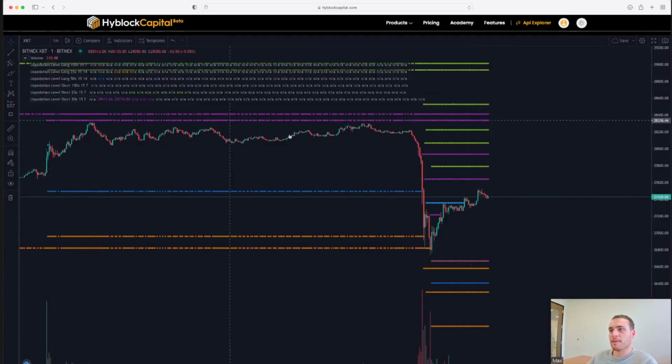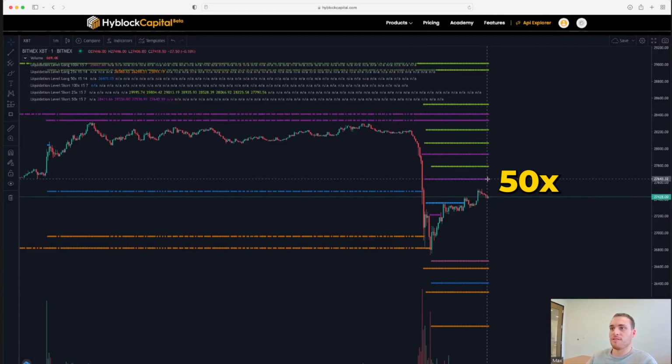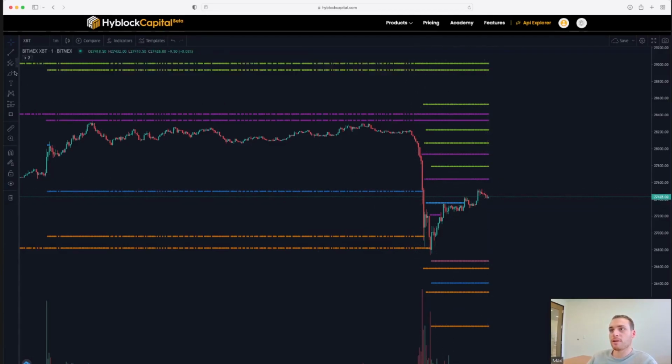So for example, the purple line right here represents a 50 times liquidation level. So that would imply that somewhere around here, maybe, and we'll actually take a measured move down from here, roughly 2% off of that liquidation level, give or take, a trader likely entered a position, and Hyblock has identified that.